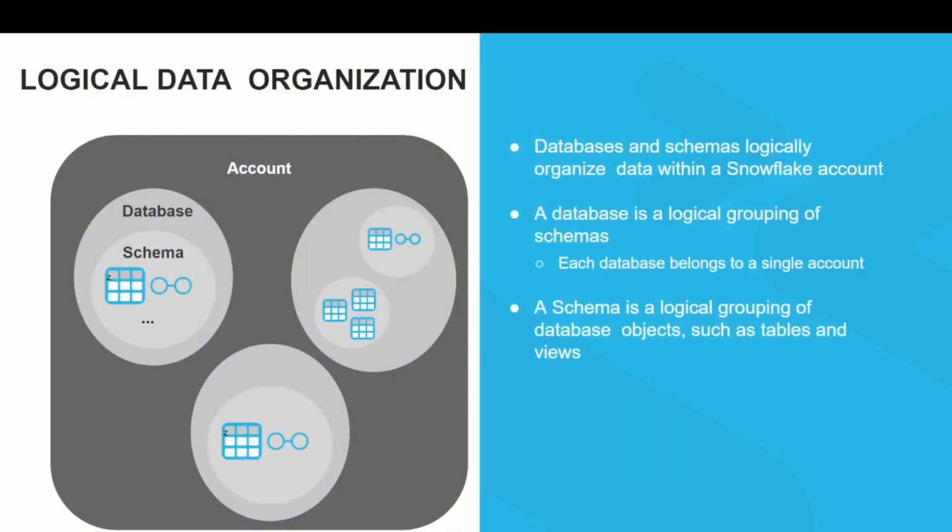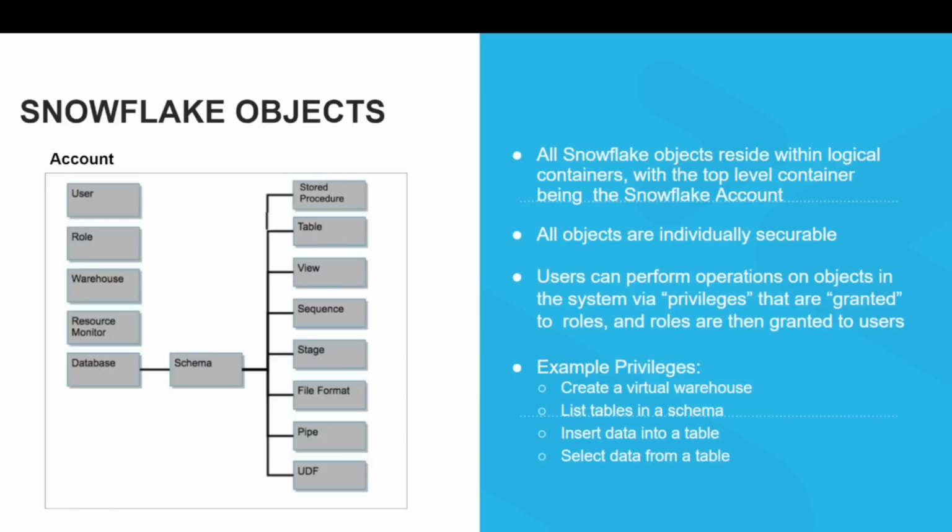So let's see how we organize all the different objects of Snowflake. If you see over here, all Snowflake objects reside within a logical container, with the top level container being the Snowflake account.